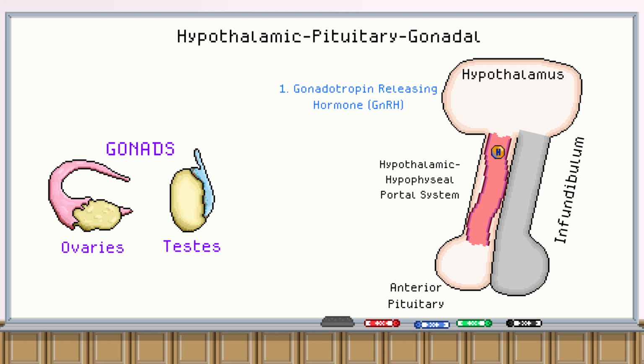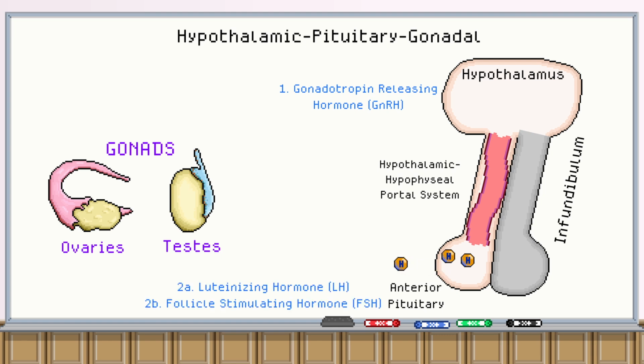gonadotropin-releasing hormone, or GnRH, into the hypothalamic-hypophyseal portal system, and then it travels down the infundibulum into the anterior pituitary, where it releases two hormones. These two hormones are luteinizing hormone, or LH, and follicle-stimulating hormone, or FSH.